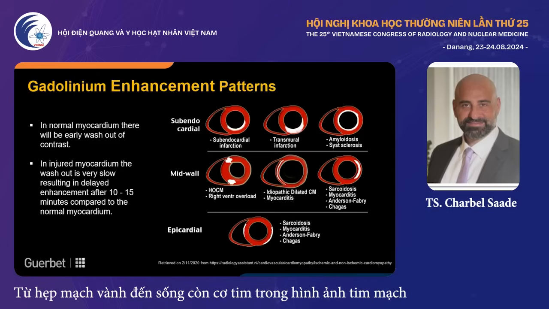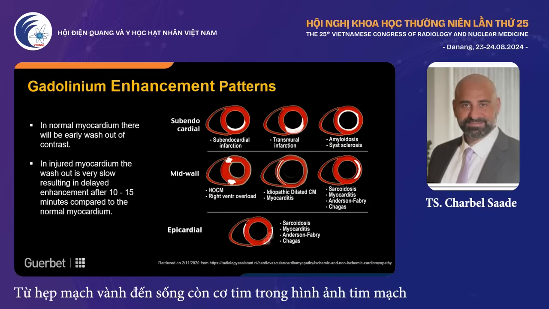You're looking at gadolinium enhancement patterns. You can look, for example, at right ventricular overload. You can have mid-wall enhancement. You can have myocarditis, sarcoid or Fabry's or Chagas disease. If you have subendocardial, this is mostly due to systemic diseases such as amyloidosis or systemic sclerosis, tumor infiltrations.